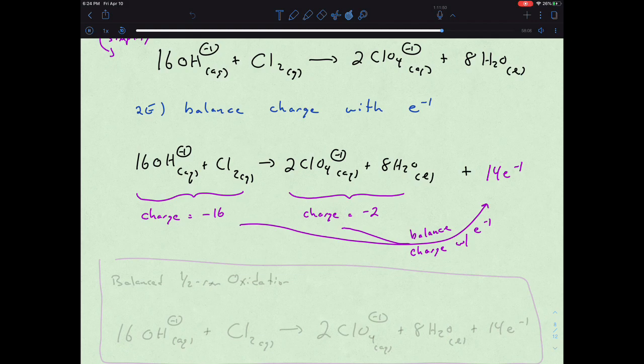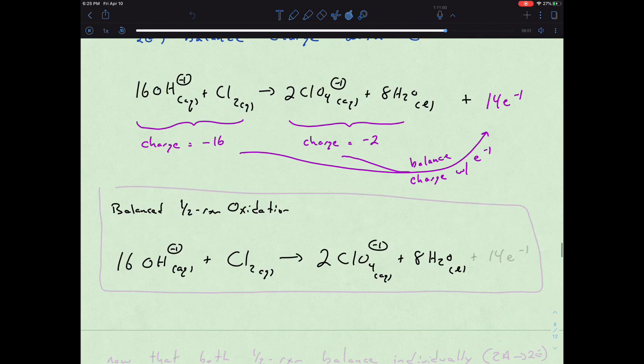So we end up with a balanced half reaction for oxidation to be equal to 16 hydroxides plus chlorine gas produces 2 perchlorates, 8 waters, and 14 electrons.